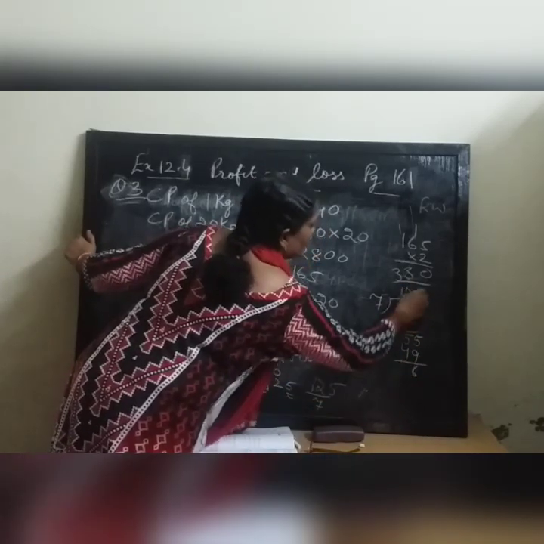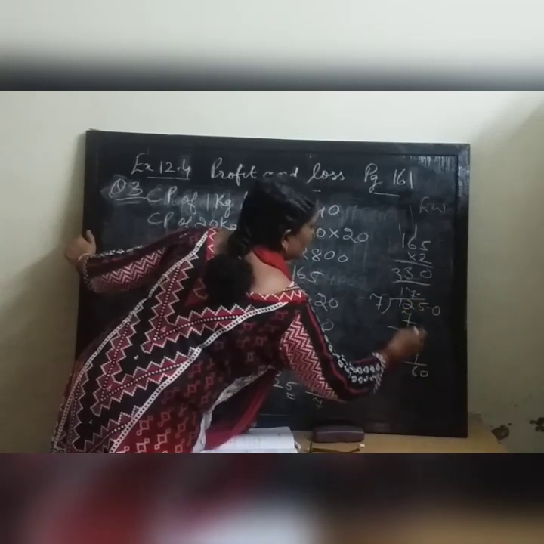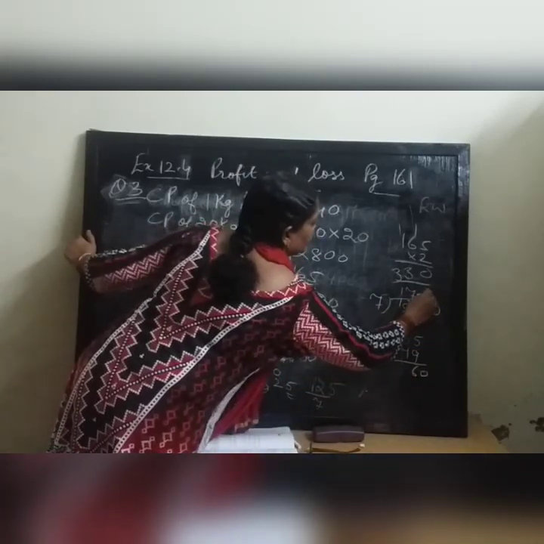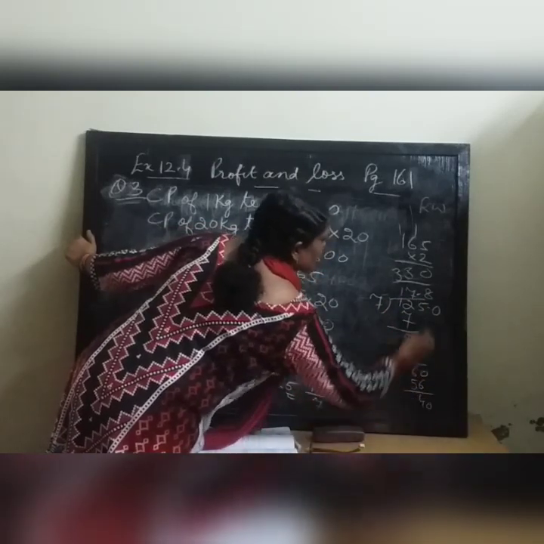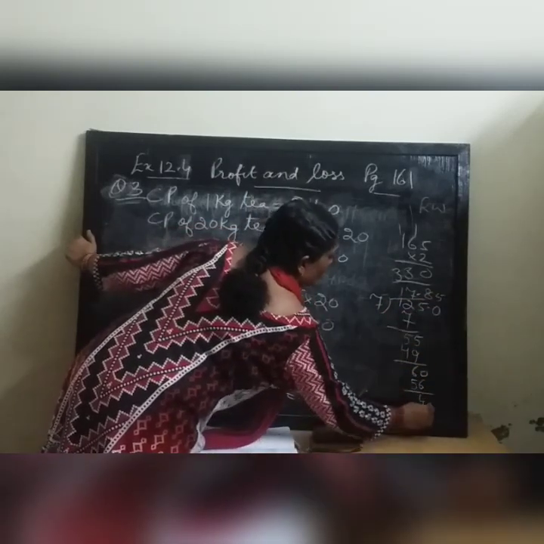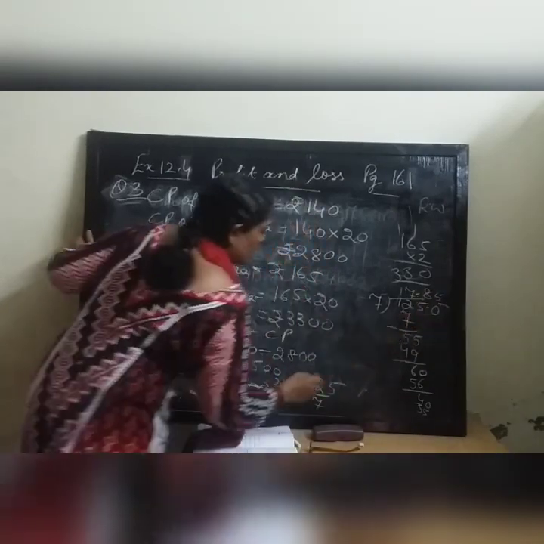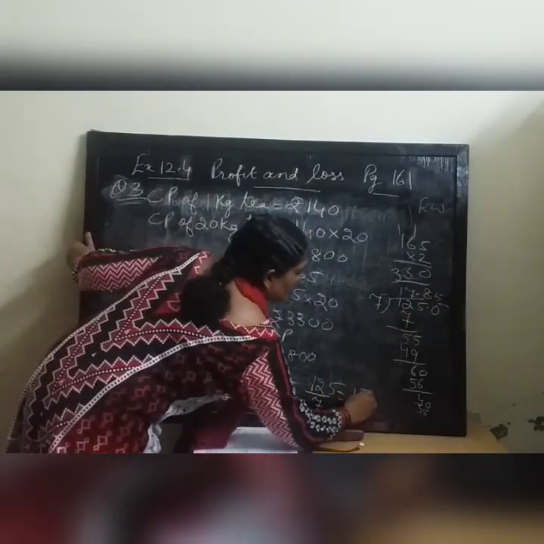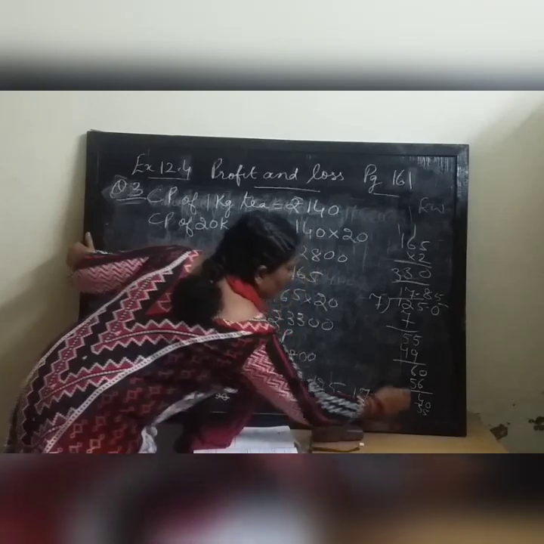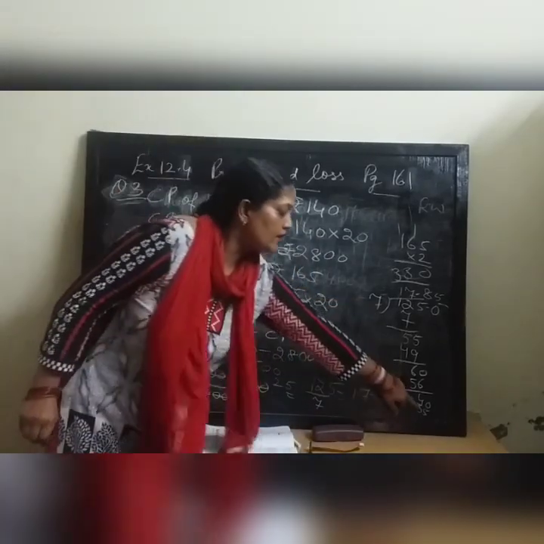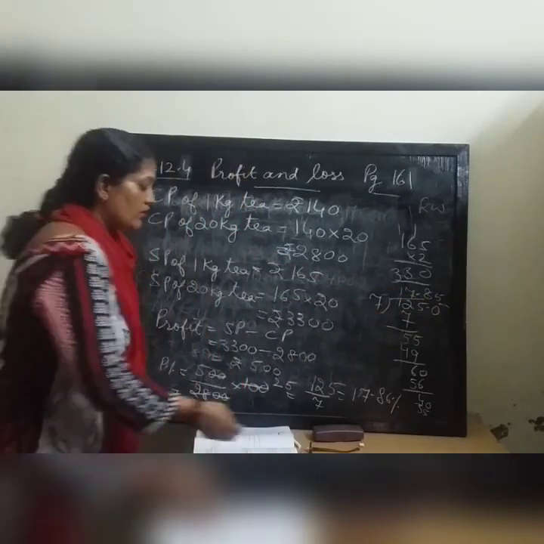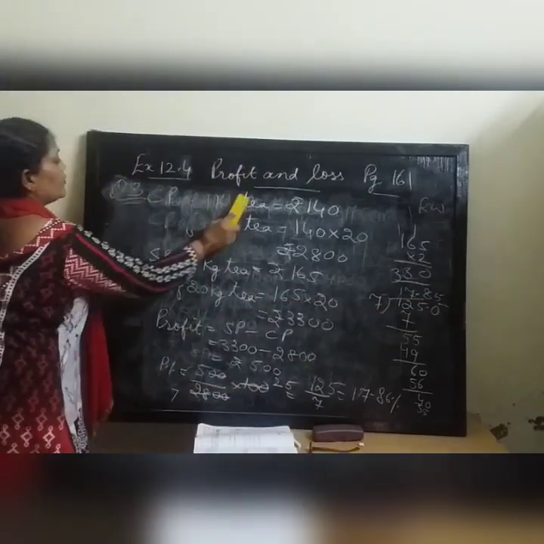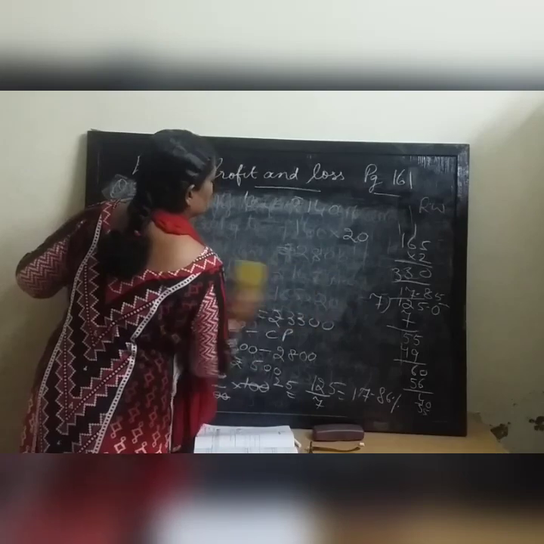Then 6 here, decimal, 0 put it. 7 eights are 56. Then again 4, 7 fives are 35. It goes on, so we can round off to 17.86%. Because the calculation is going on continuously, you can round up 5 to 6. This question is complete.